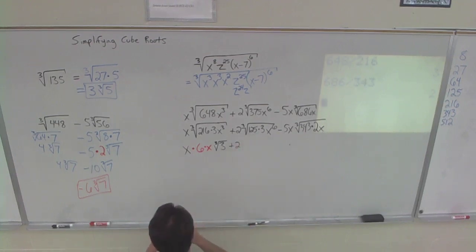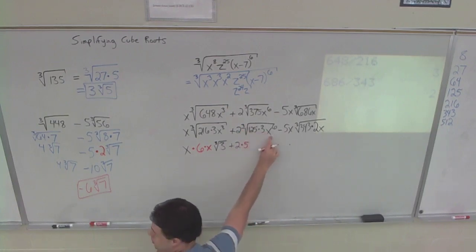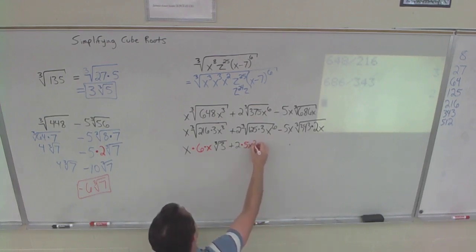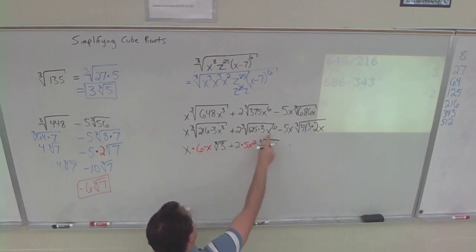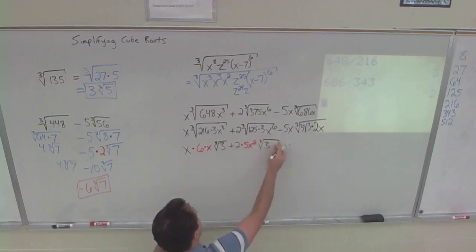Very good. All right, so then over here we've got a 2 already outside. Cube root of 125 is going to be 5. Cube root of x to the 6 is going to cancel twice, so we'll have x squared outside. Any leftovers? We've got a leftover 3 again.